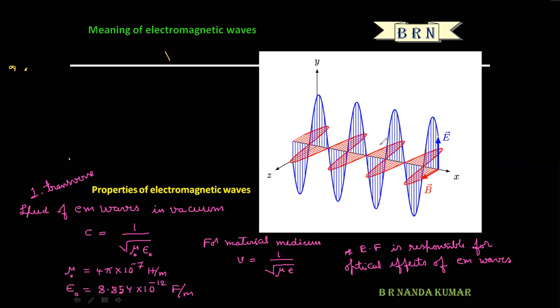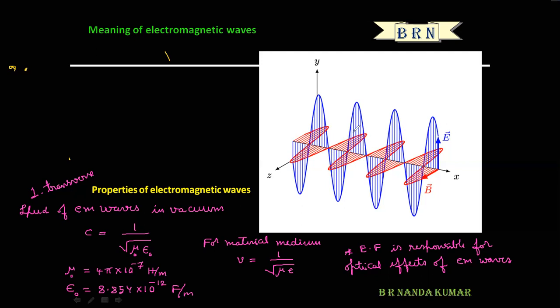So what is a progressive wave? Actually, what is the meaning of a progressive wave? A wave that travels continuously in a medium in the same direction is a progressive wave, right?